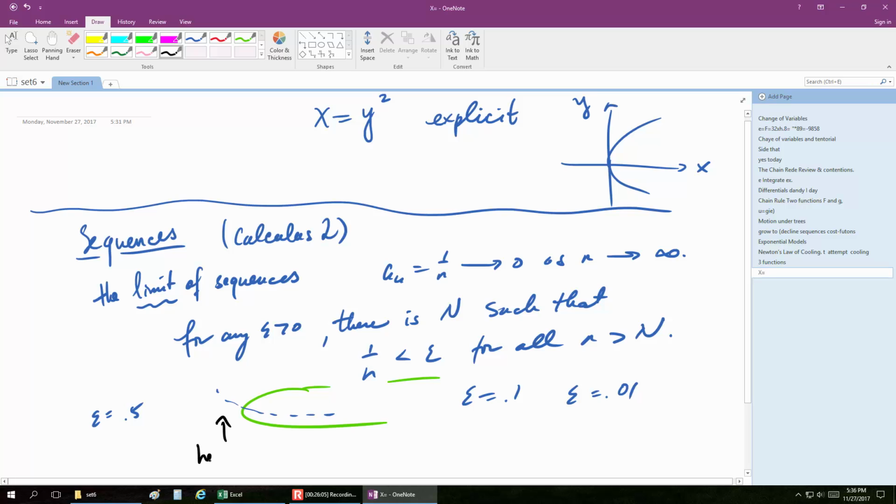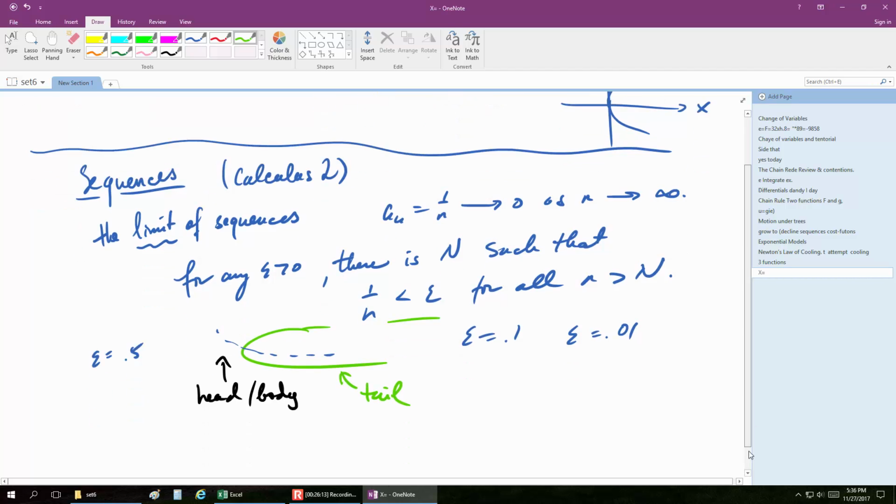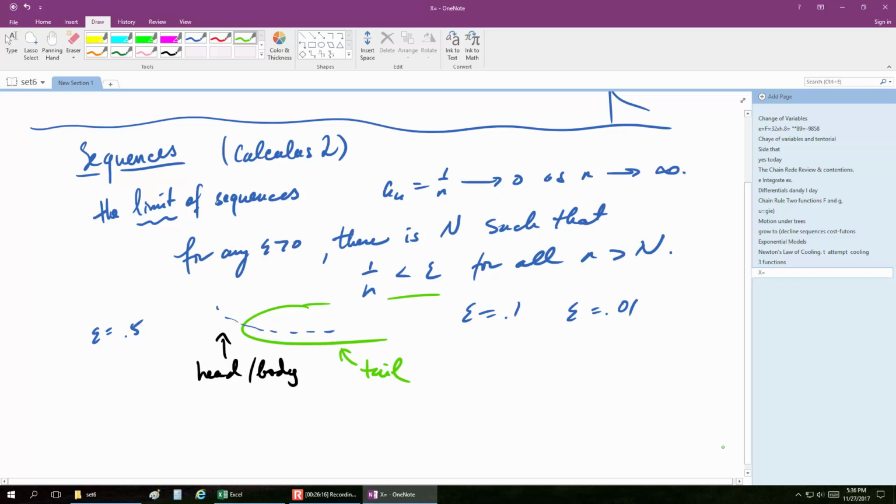So this is the head or the body of the sequence, and whatever is left is always called the tail. The tail is infinite. No matter how large the body is in the beginning, it is the tail we're interested in as far as the sequence is concerned. You just look at whether this tail wiggles or not, or whether that wiggling dissipates as we move along towards its end.